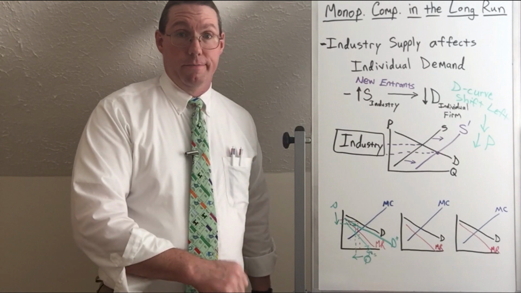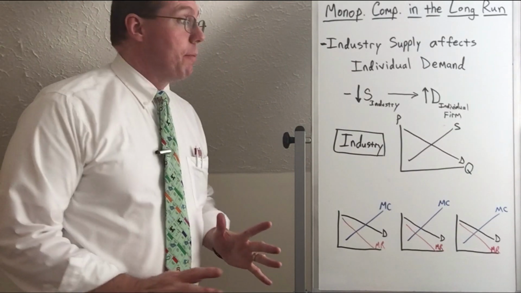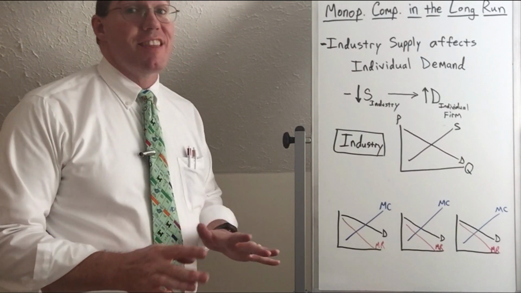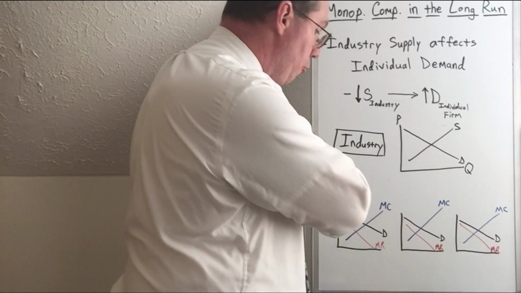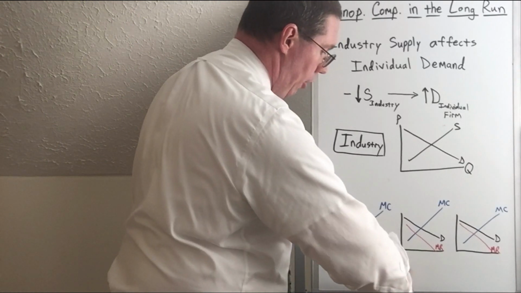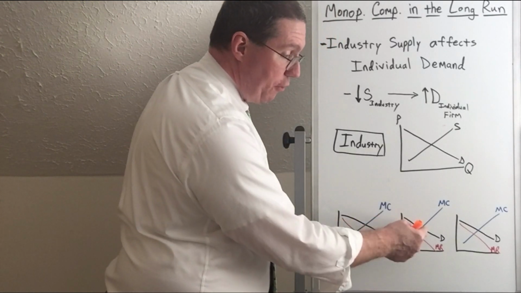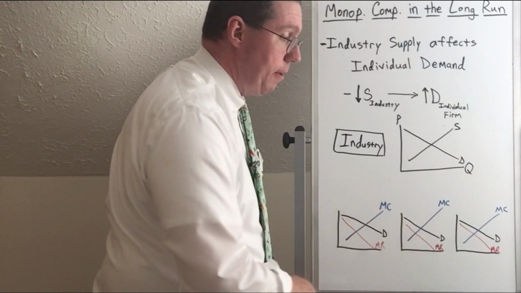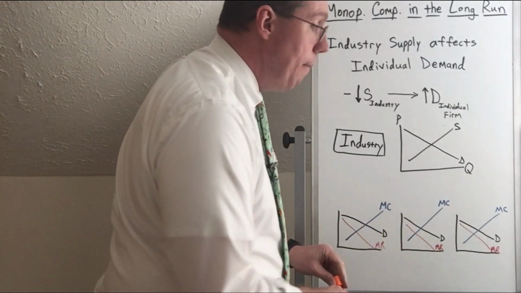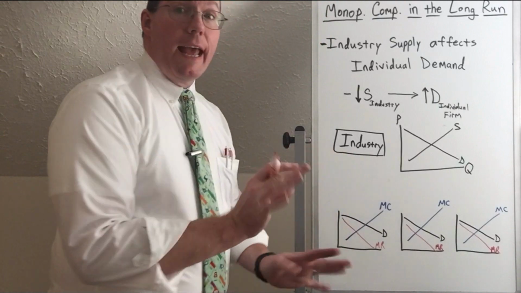All right, now let's talk about what happens when there are firms that exit the market, okay? And so let's say that there are 3 competitors in the market. This is you, this is one of your competitors, and this is another one of your competitors, okay? You guys are all in monopolistic competition, but nobody enters the market.